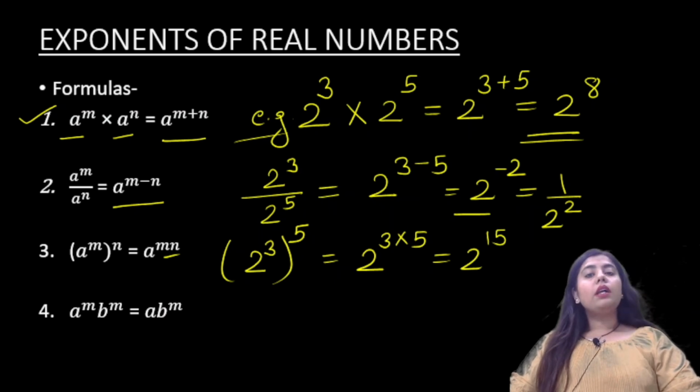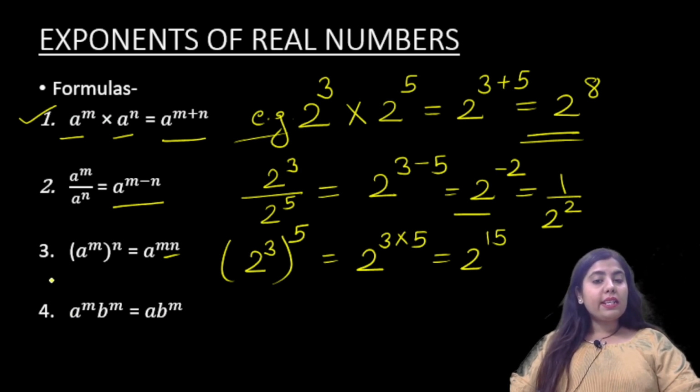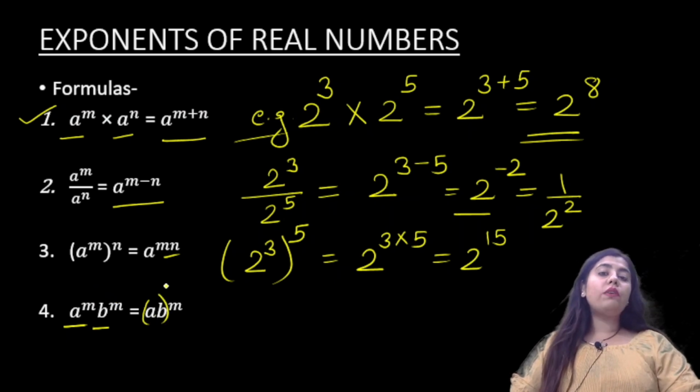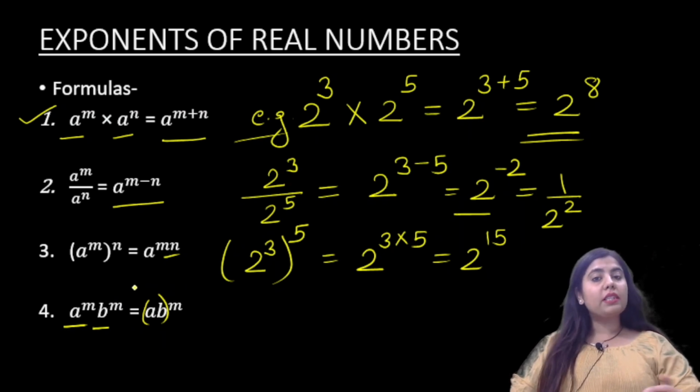Clear? Now the fourth one, a raised to the power m, b raised to the power n. In this, the bases are different but the powers are same. Then we have to multiply the bases and that whole will be raised to the same power.